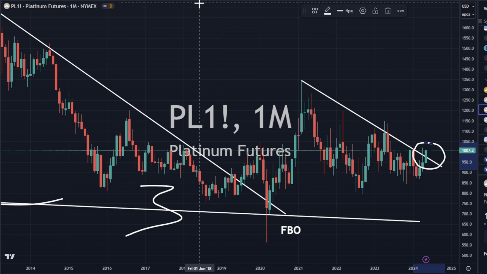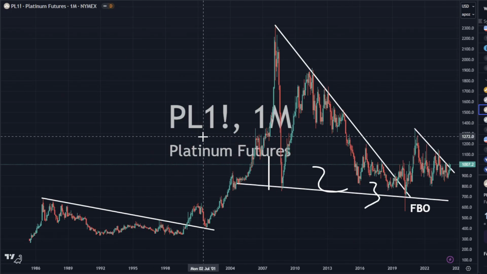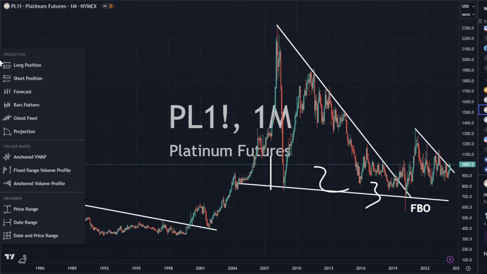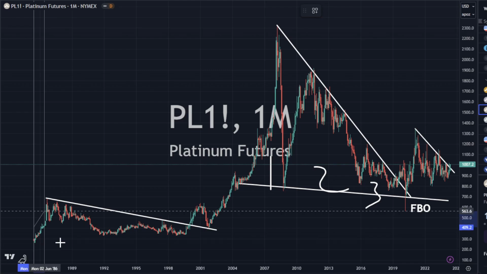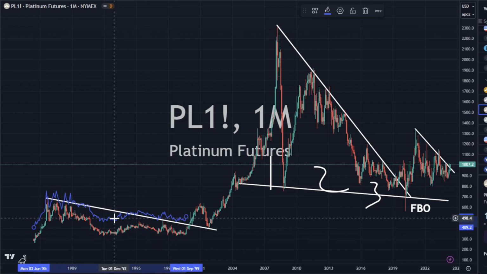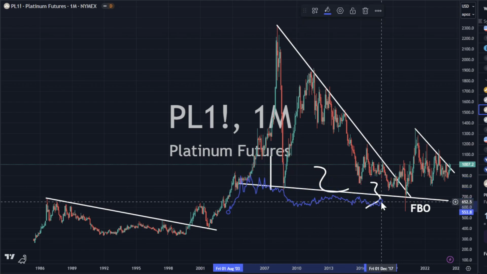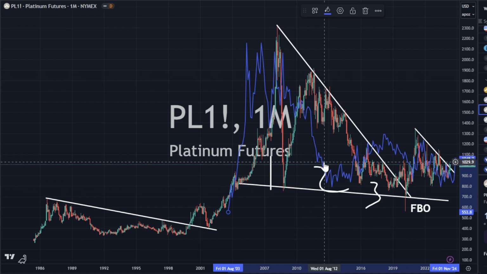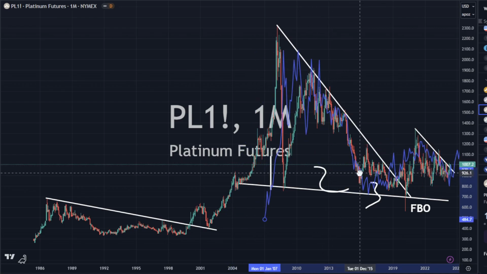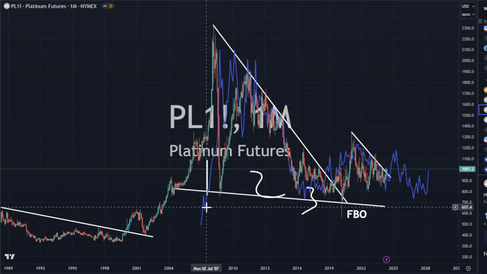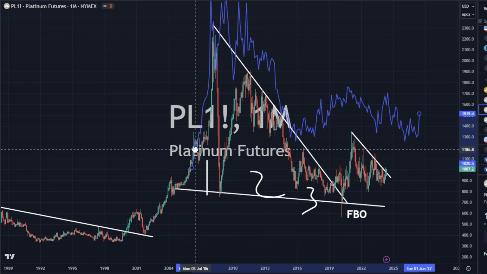We can also look at previous bull market moves. One thing I can do is take the previous bull market move, which is this fractal here, as I call it, and we can blow it up and overlay it on what we've got here. It's basically the same fractal. I'll just put it right above it.